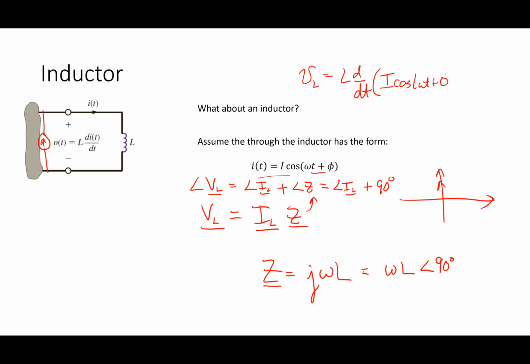Then if I go through that process, I'm going to see that it becomes negative omega L times I sine of omega t plus phi. And I can say, okay, give me a phasor for that. Well, it would be negative omega L I with an angle of phi, and so on. Go through that same process, and I'll find the same result.